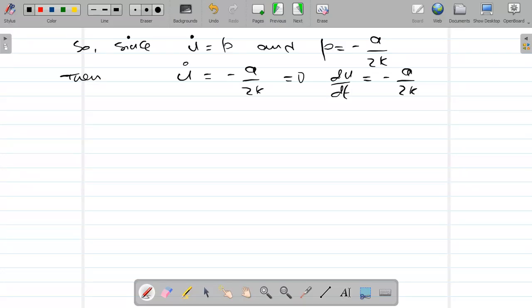So we can solve that quite easily to get u equals minus a over 2k times t.